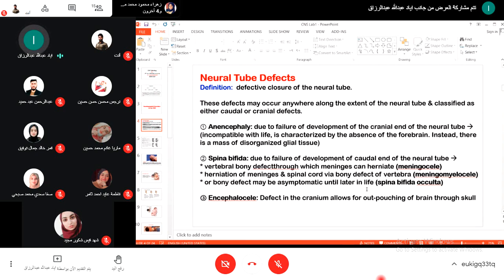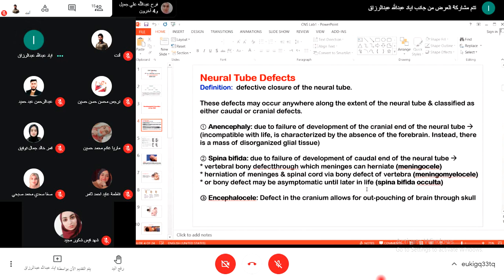Anencephaly is incompatible with life. It is usually associated with folic acid deficiency. Today our lecture is practical and we will focus on the practical side; the theory is deferred to the theoretical lecture. Anencephaly is characterized by failure of development of the brain, with a disorganized mass of brain tissue due to a defect in the development of the cranial end of the neural tube.